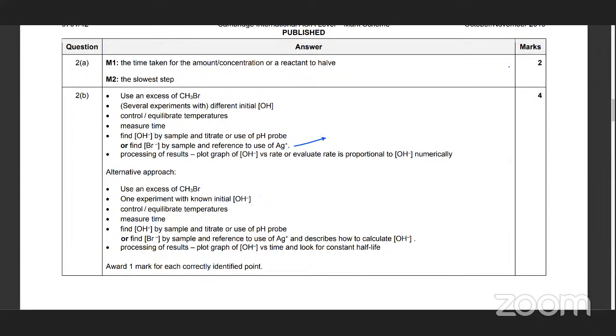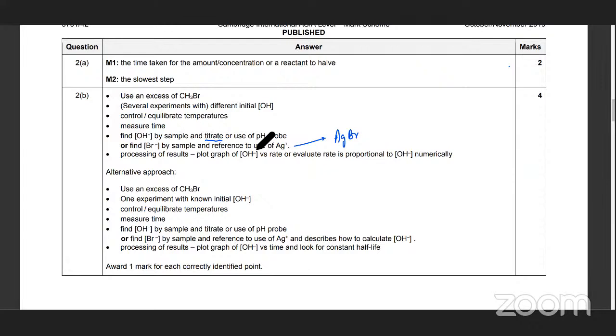That would give you a precipitate of AgBr. Because there was Br minus involved, and he's also titrating it. So that's another alternative method: at every time interval you can stop the reaction and titrate the OH ion concentration, for example, by adding HCl.